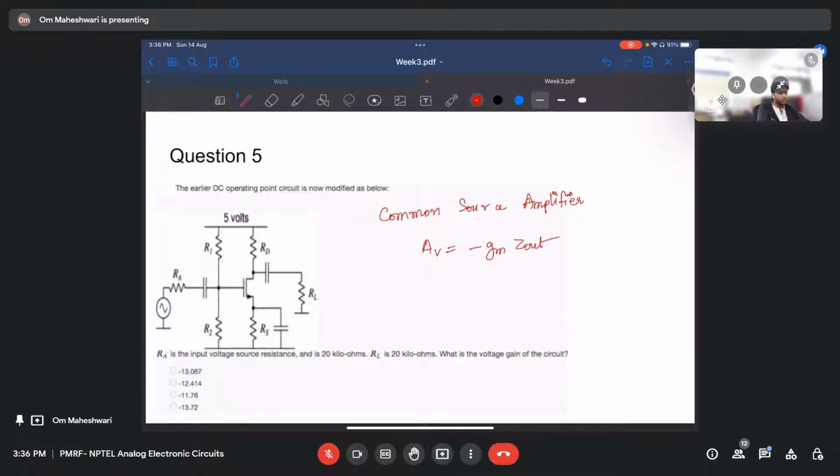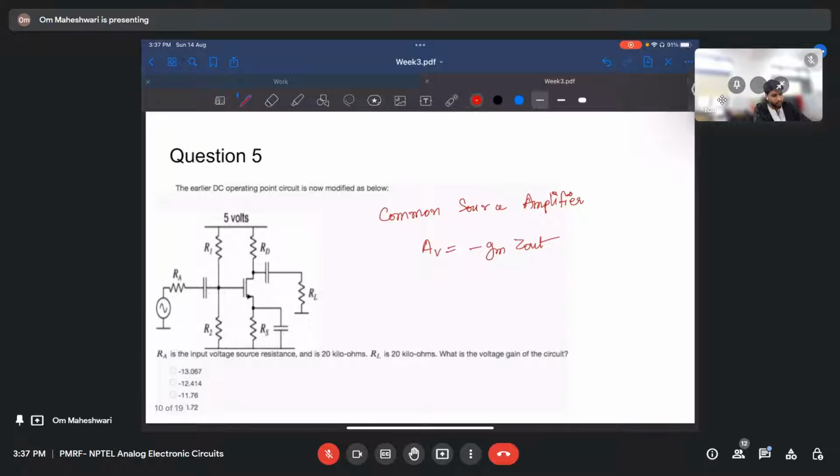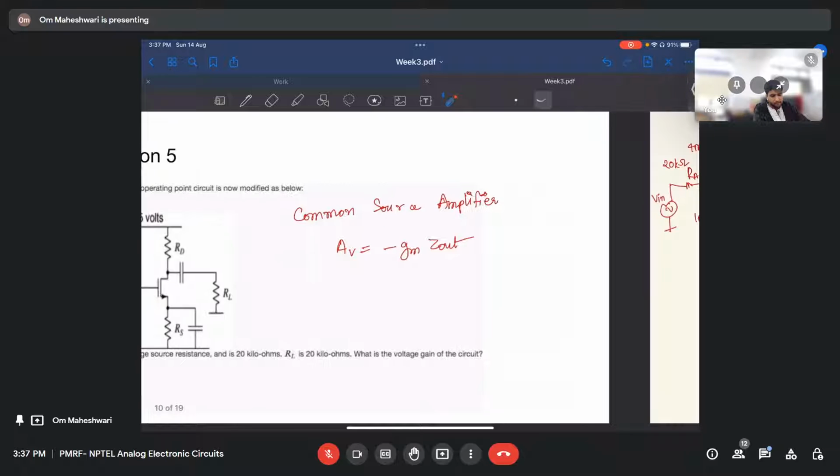So this is simply the gain of common source amplifier. Anyways, we'll try to solve it a little further so it is more clear. So what do we have? RL is 20 kilo ohms and this RA is also, these both are 20 kilo ohms. Okay, nothing else is given. R1, R2, RD, all these values we'll take that we had previously only.